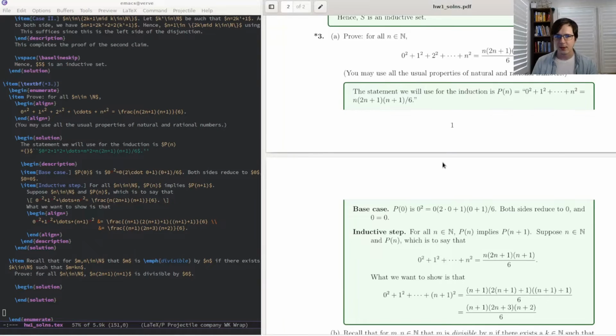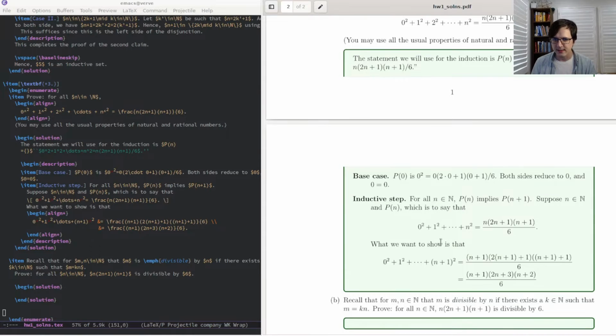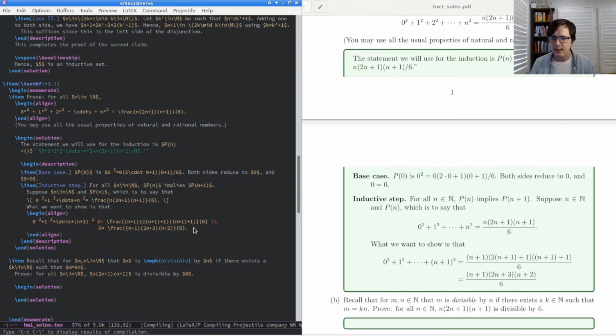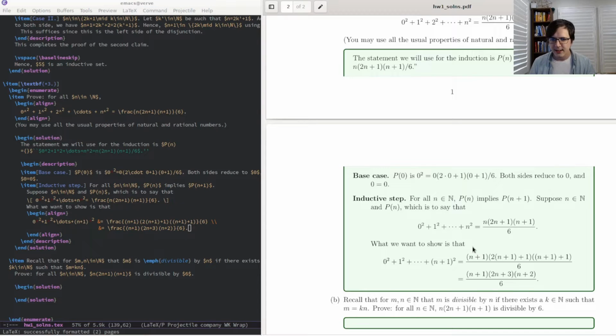Okay, let's see, where were we? So we were proving this inductive step, and we calculated what we wanted to show. Let's recompile. And so we have this assumption.